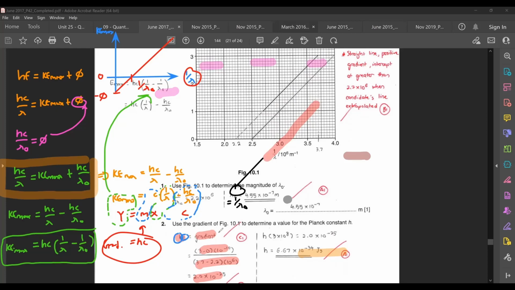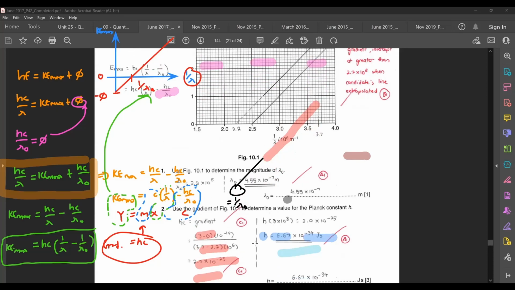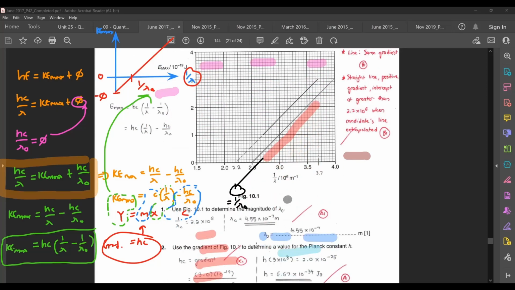So here is your working: h times the speed of light equals this value of gradient. Your h eventually would be 6.67 times 10 to the power minus 34 joule second. So pretty straightforward in your case.